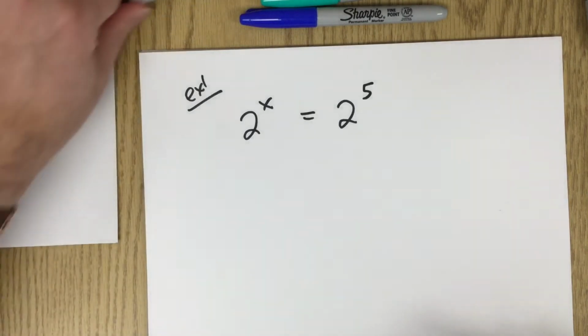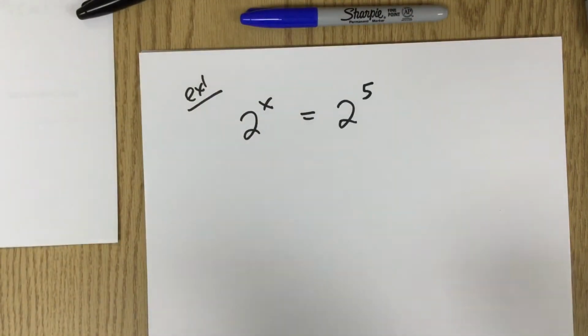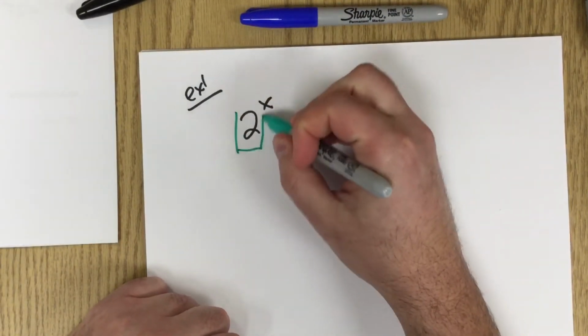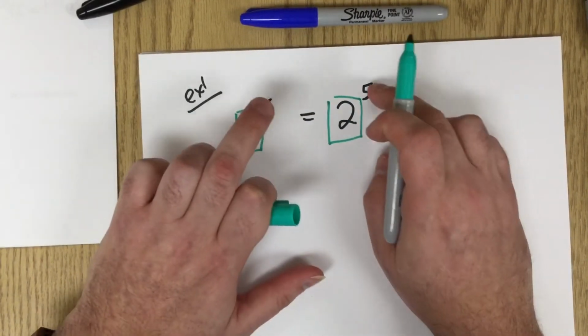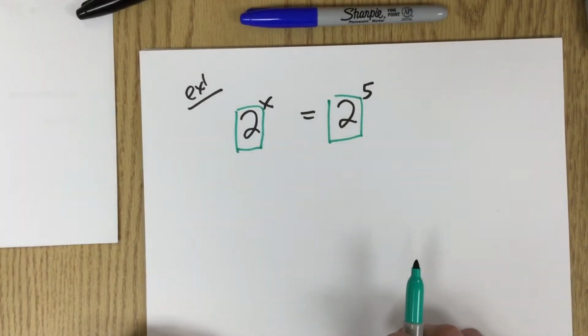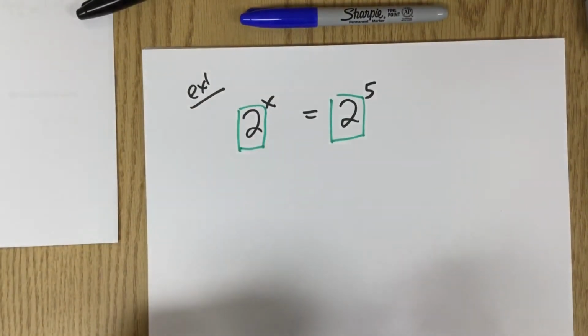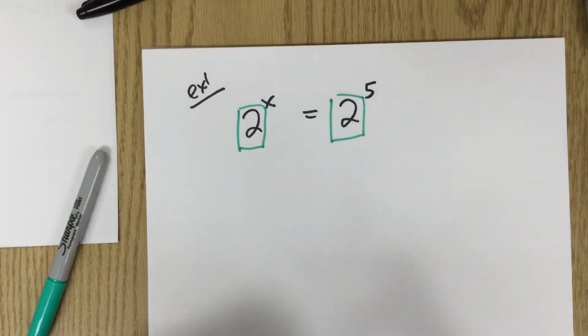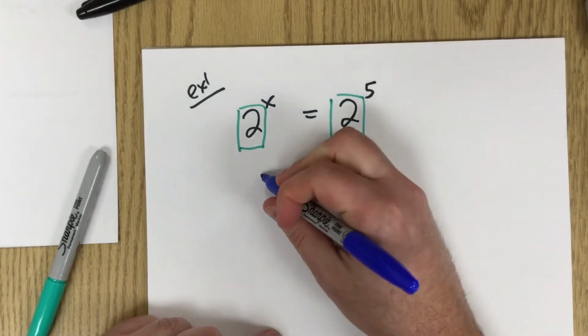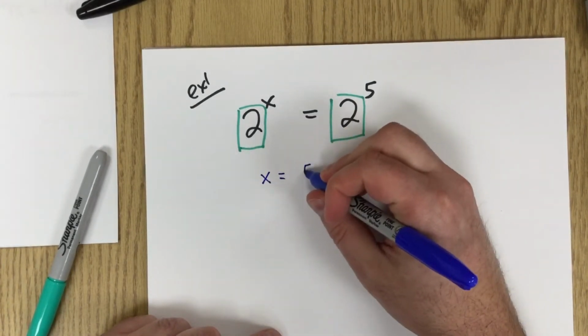What we're going to say is that if the bases are equal, then the exponents have to be equal. So if these are equal, then those also have to be equal. So that's equal to that. So therefore, what we know is that x has to be equal to 5.